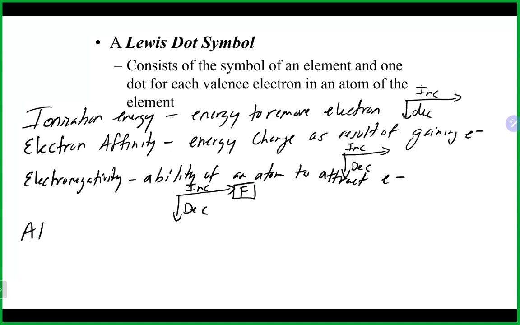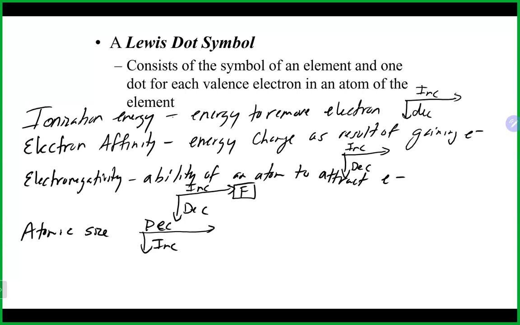Atomic size actually decreases as you go up and to the right, and increases as you go down. That is the size of the actual atom. By the way, when somebody loses an electron, that is the formation of a cation. And when you lose an electron, do you become larger or smaller, the cation?